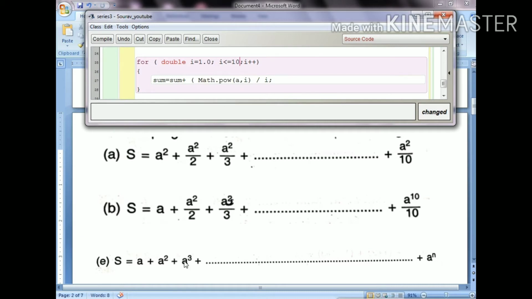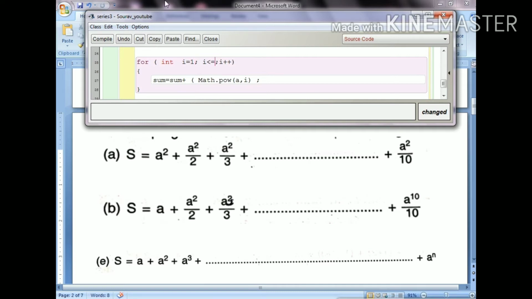Now what about question number E? There is no denominator, just delete this part and all value. If you write like int I equals something, I equals I.0, it is enough. Okay, it is enough, and you can write I less than equals n.